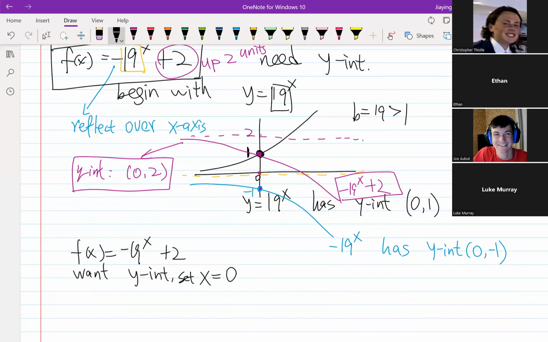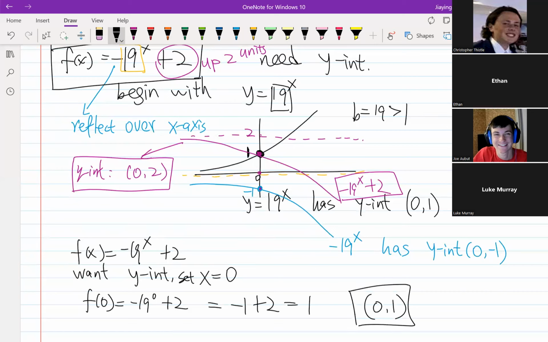So if we set x equals 0, we get f of 0 equals -19 to the 0 +2. Negative times 19 to the 0, which is -1, right? 19 to the 0 is 1, but the negative is still there. And the +2 gives us 1. So we get 0, 1 as the y-intercept.